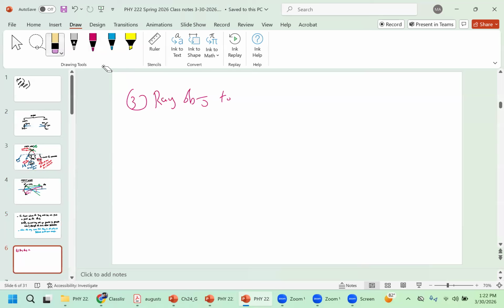Ray from object to focus. Sorry, not from, yeah, ray from focus to object, because we did the object from focus.